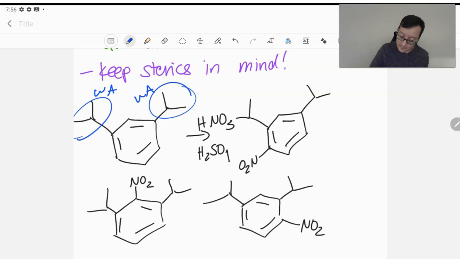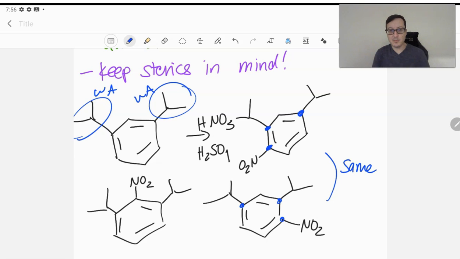Remember, we always want, for an isopropyl group, them to be ortho or para. So notice that on that top right molecule, that new nitro group is ortho to the left isopropyl and para to the other one. And the bottom right molecule is the same. It's para to one isopropyl group and it's ortho to another. In fact, these are the same molecule anyway. So because of symmetry, right?